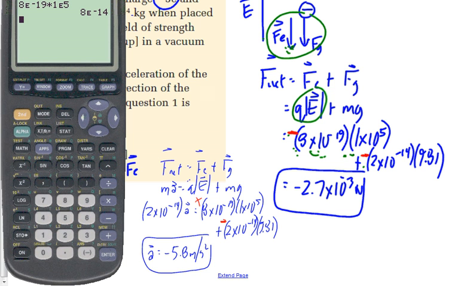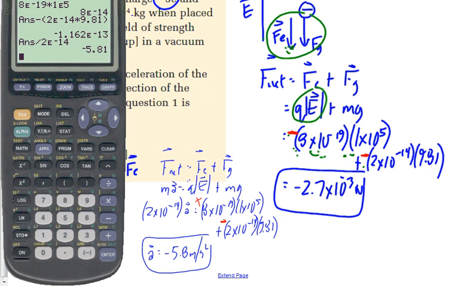Let's subtract from that 2 times 10 to the minus 14 multiplied by 9.81. Now let's divide that by 2 times 10 to the negative 14. Then we get negative 5.8, yeah.